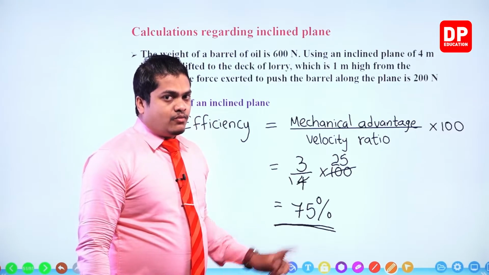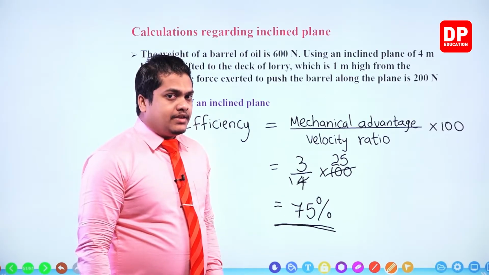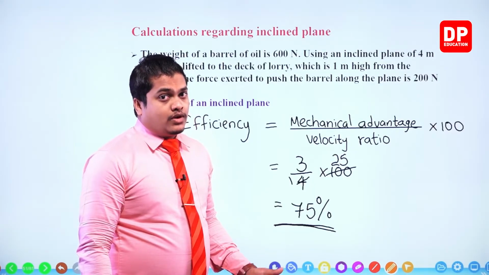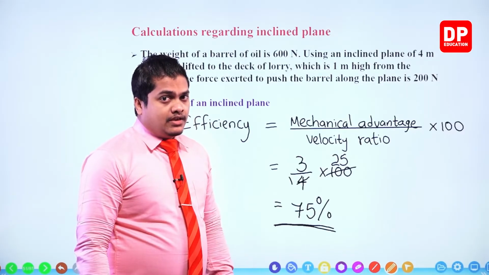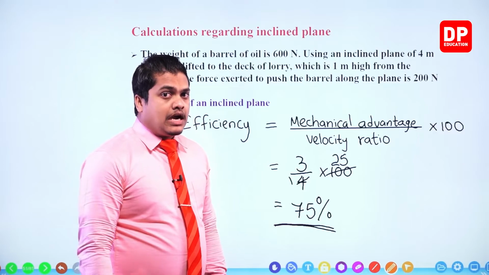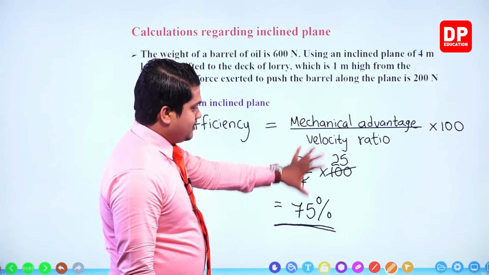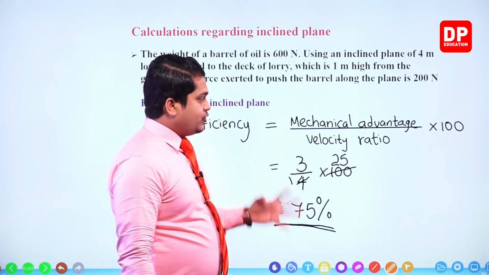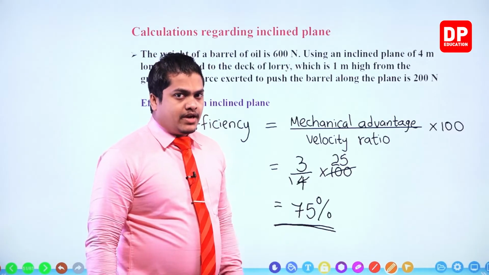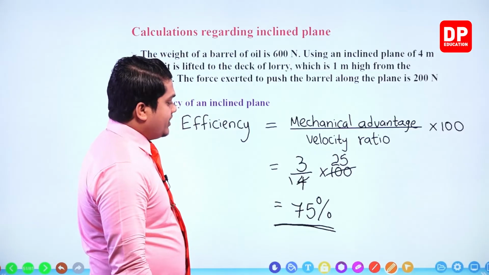Or else you can find it by using the work done: find the work done by the effort, then the work done by the load, then take the fraction and multiply it by 100% to get the answer. But other than that, this is quite easy. You divide the mechanical advantage by the velocity ratio and multiply it by 100 to find the efficiency. So the efficiency of this one is equal to 75%.